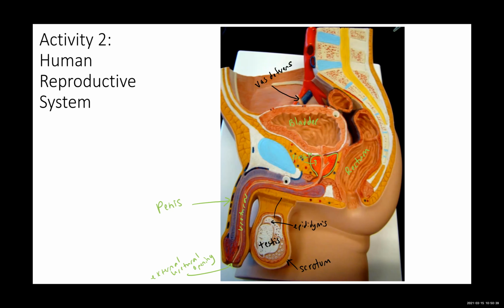You might want to take a look at your textbook to find a better diagram there. Your sheet in your lab asks you to label the seminal vesicles, which would be located kind of in this area here, but I don't clearly see it on our photo, so I'm not going to ask you to label that. Okay, that should be it for Lab 7.